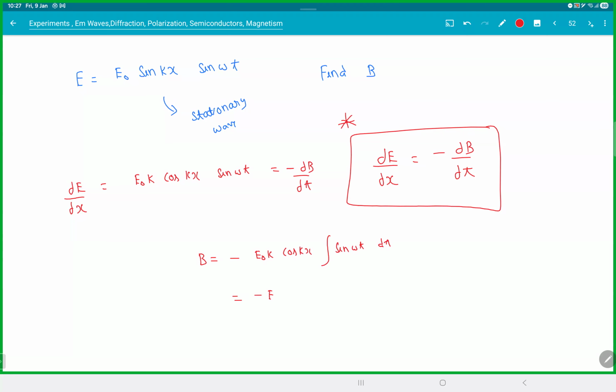That would be minus E naught k by omega cos kx, minus goes off, cos omega t. Sin becomes cos. So be careful. If it is a progressive wave, that would look like sin of kx minus omega t, so the magnetic field also must be kx minus omega t. But these are stationary waves. So this is a good one. This is a little out of the standard one.